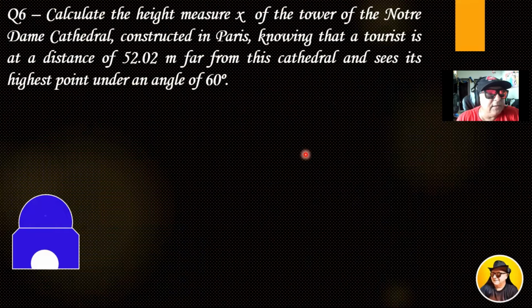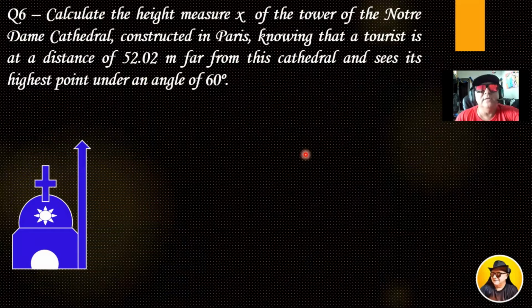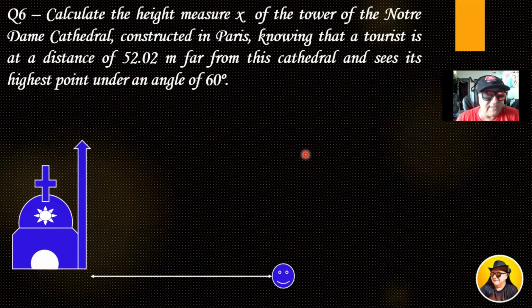So let's draw the cathedral. Supposing this is the cathedral. Remember, the figure is just to make you understand the situation, all right? So this is the tourist, and the problem says that he is 52.02 meters away from the cathedral. So we want to know how high it is.